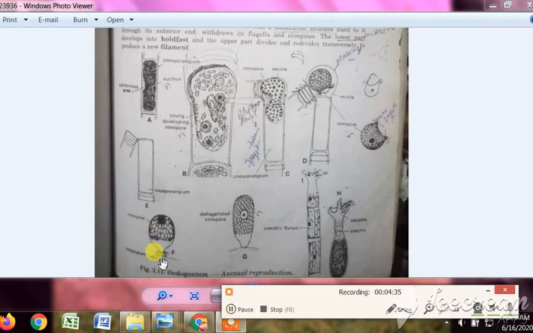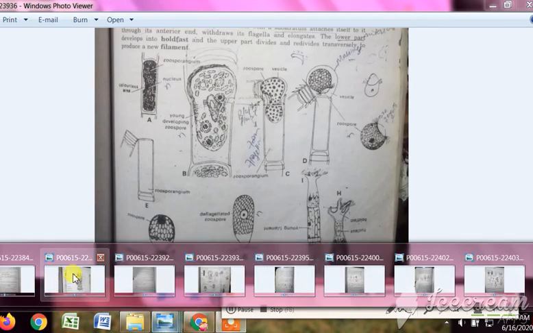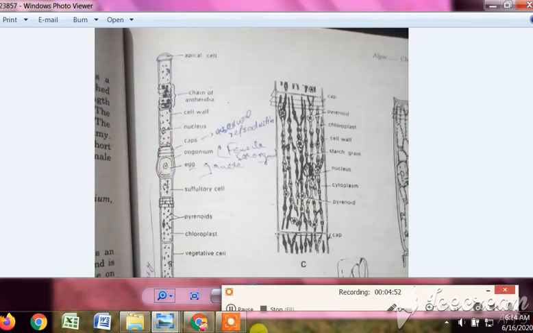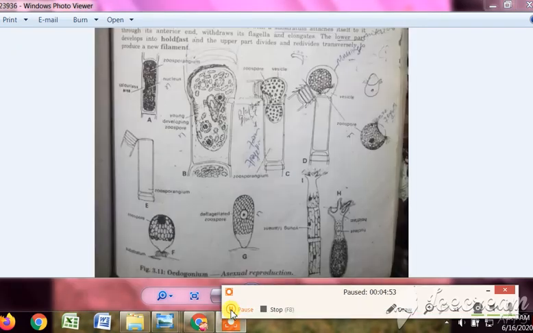Then it will emerge its hold fast, and the upper cells will elongate. Then they will undergo successive divisions, transverse divisions, and then change to a complete Oedogonium like this. So it was the asexual mode of reproduction.